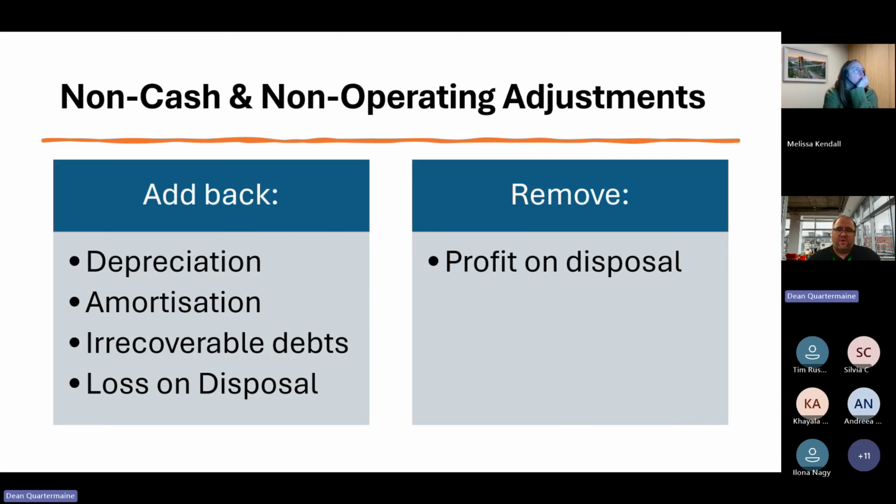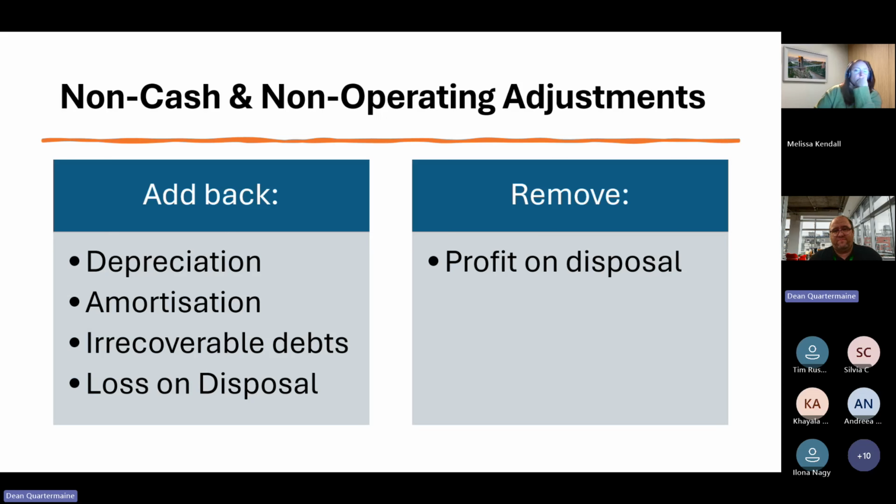So from a cash flow statement perspective, you need to add back in any depreciation because it's affected profit, but it did not affect cash. Same's true of amortization. So that again affected profit, but didn't affect cash.